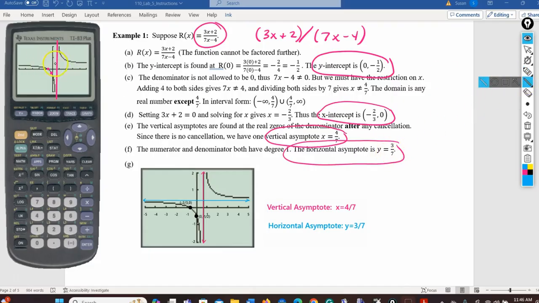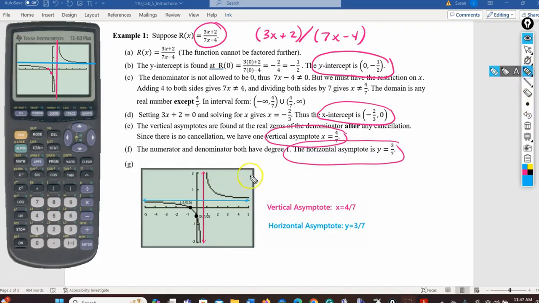And so that's going to be well between 0 and 1, a little bit closer to 0. So about there, that is in line with what we've predicted. And you can see down here, I've drawn that. And that is conforming to what we have, and I've chosen the right window to show everything. And so this would be a good sketch.